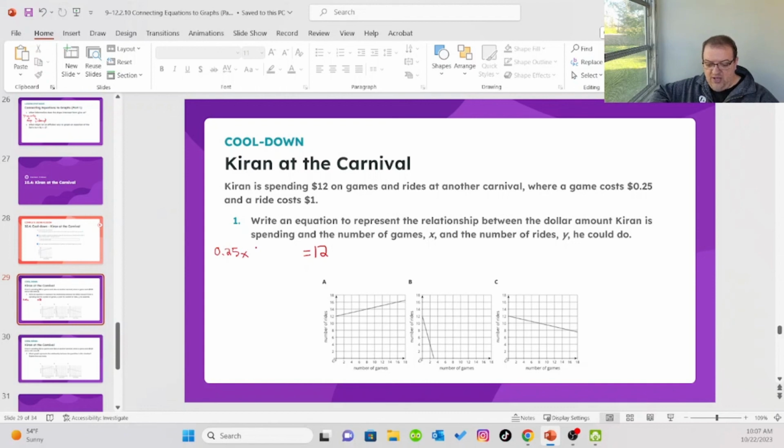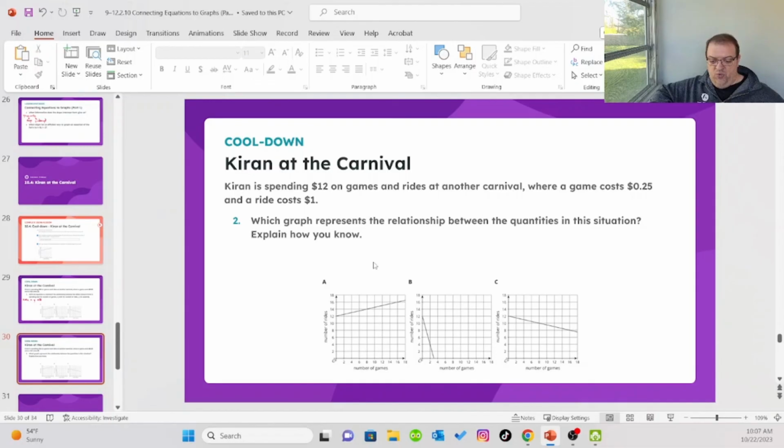Rides cost $1 each and are represented by y. So if we add the total cost of games to the total cost of rides, we would get the total money of $12. So that would be how we would write the equation.